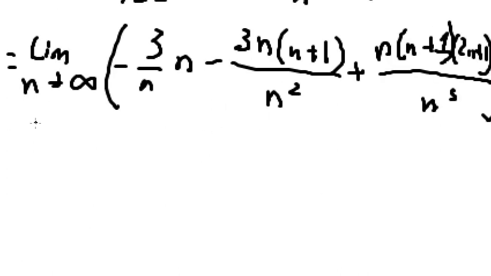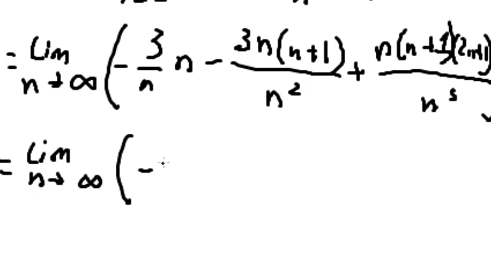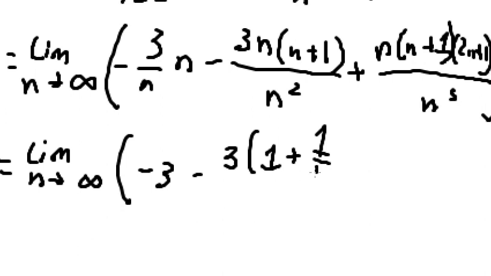So now we need to divide by n to the power of 3 on numerator and denominator, similar for n squared and n in here. So we have negative number 3. This one we will have 1 plus 1 over n.